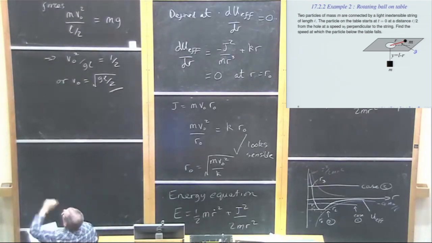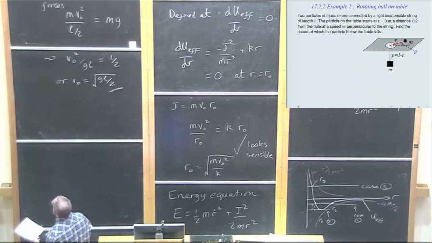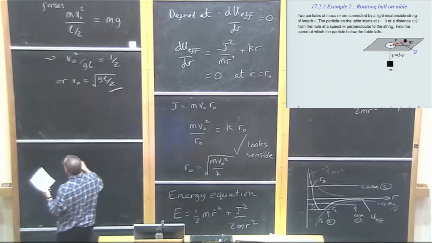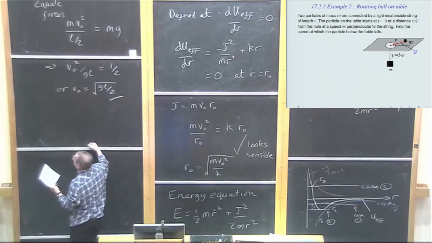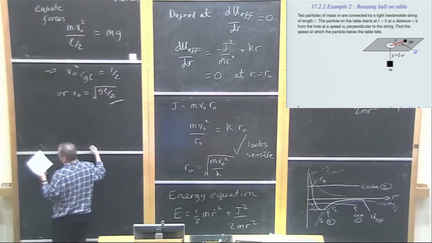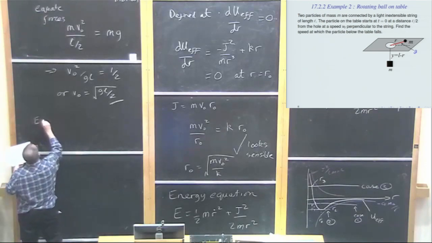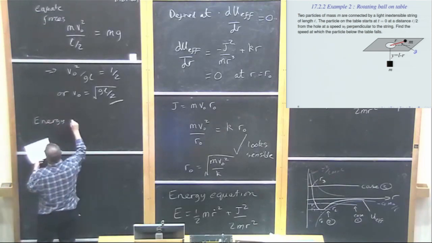But now let us turn to trying to answer the question posed here. What is the speed at which the particle below the table falls? And we're dealing with effective potentials, so we're going to analyse the problem in that manner. All right, so the energy equation.